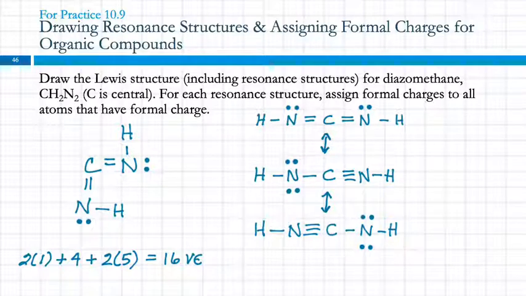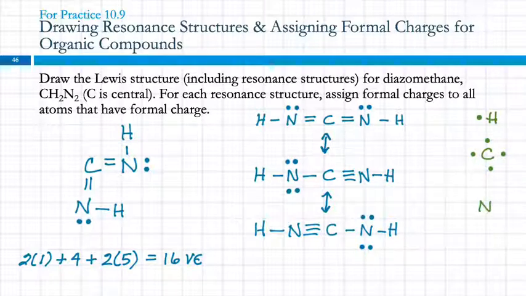So it says, assign formal charges to all atoms that have formal charge. So this is where knowing how many bonds different elements like to make can make this easier. So hydrogen has 1 valence electron. Carbon has 4 valence electrons.